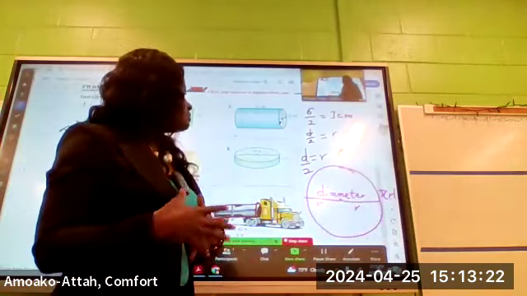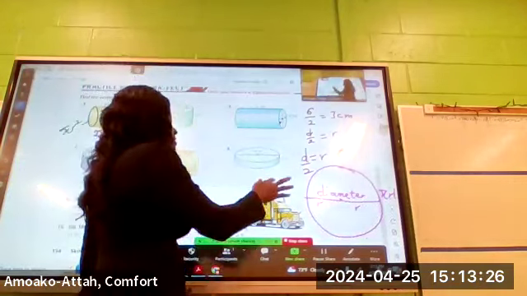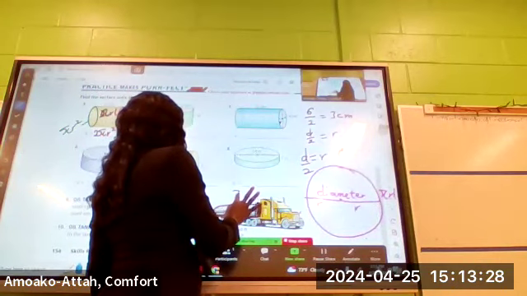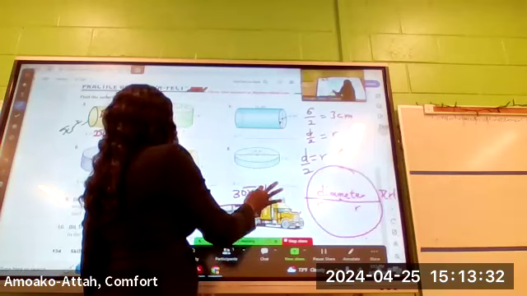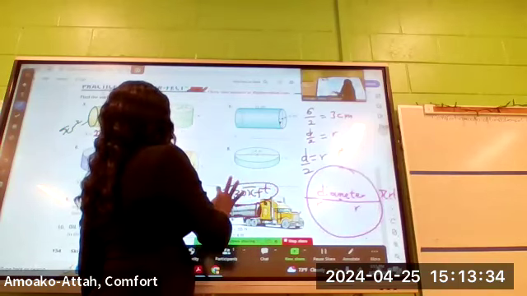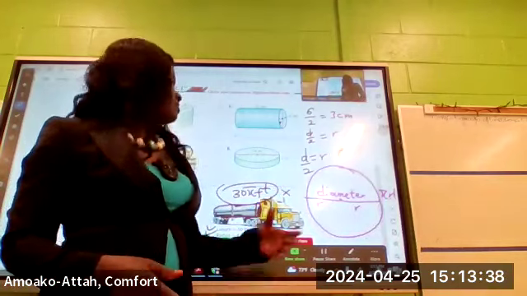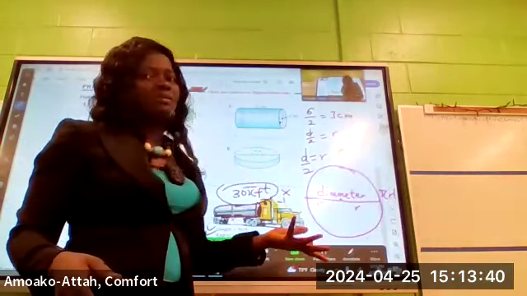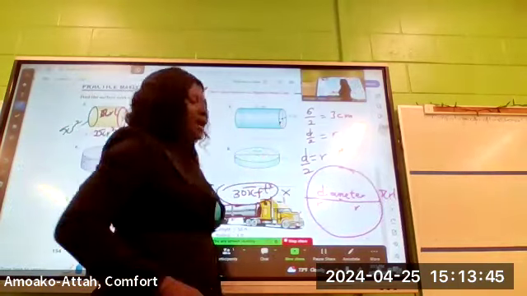I realized that most students were writing final answers like this. For example, for this we have 30 pi feet. So they just write it like this. If you write it like this, it's not an area, it becomes a distance or something like this, right? So if you want to get an area, you have to add a square to it.